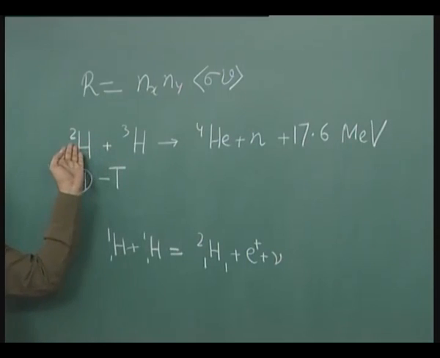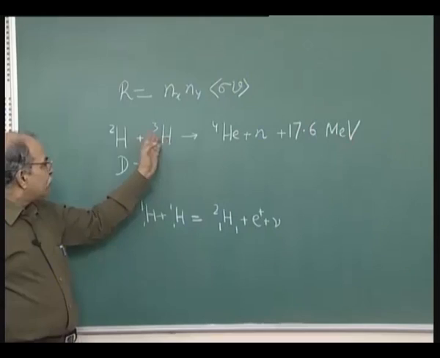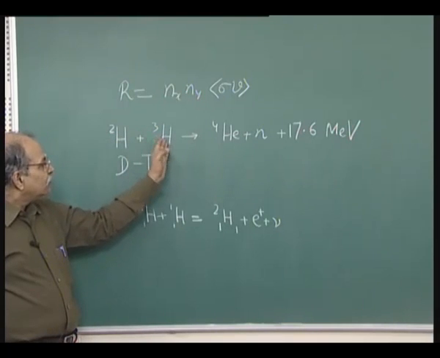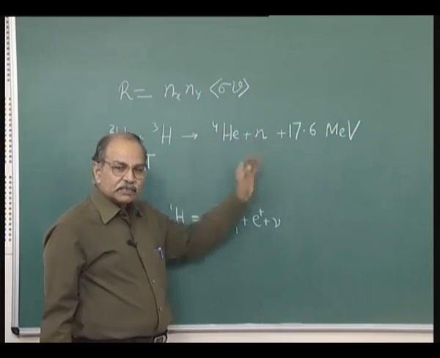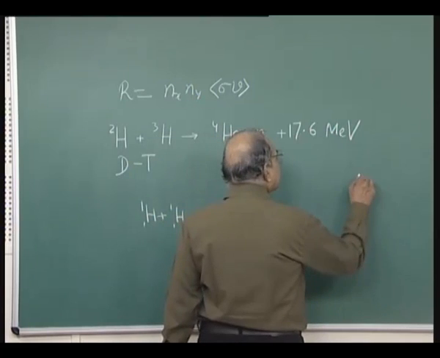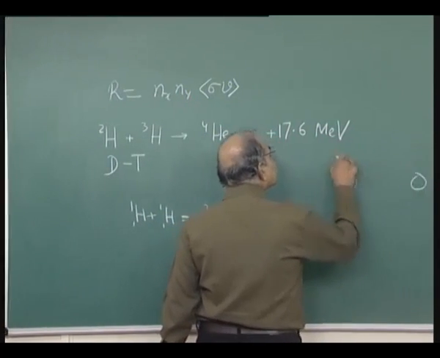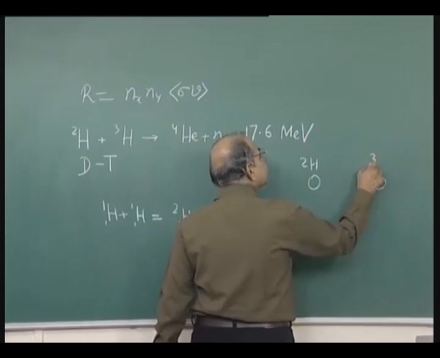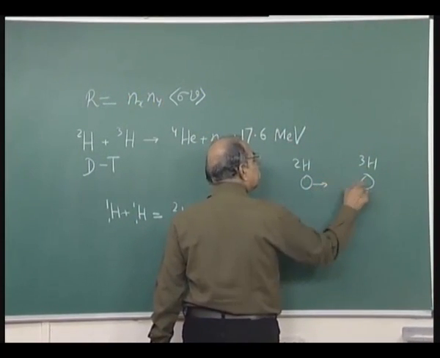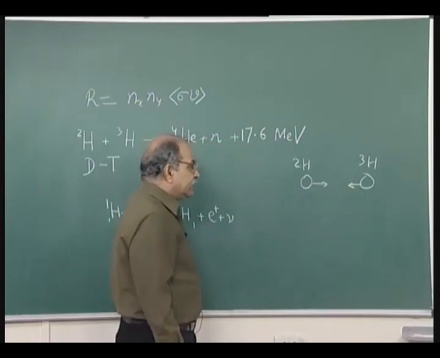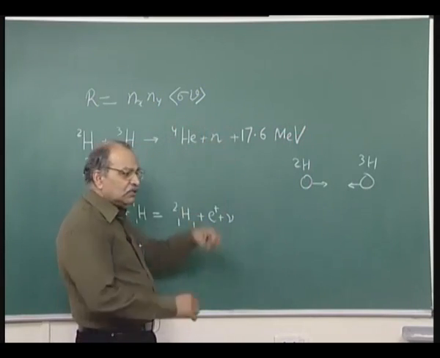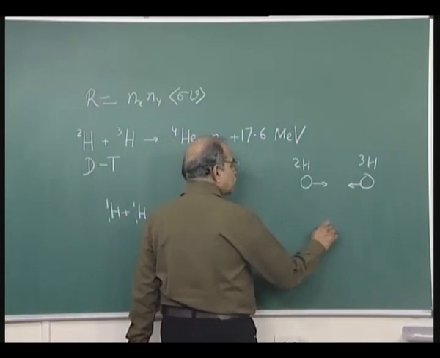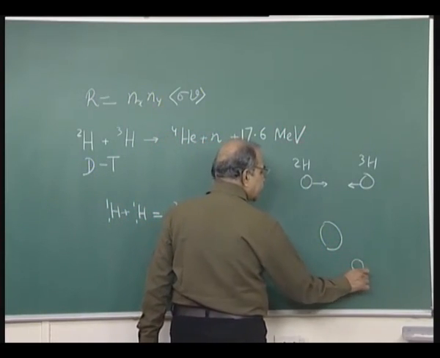If we look at these constituent particles here in the center of mass frame, the total momentum is 0. So, here also the total momentum should be 0, and therefore, if this 2H and 3H come towards each other in the center of mass frame and finally make this helium and neutron, this helium and neutron must go in opposite directions.